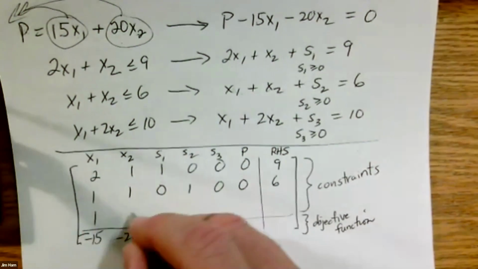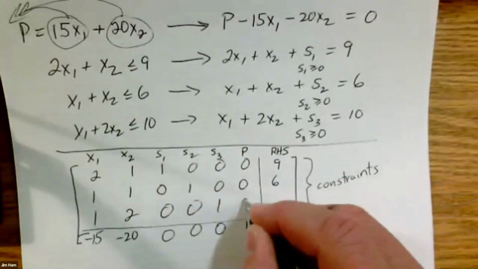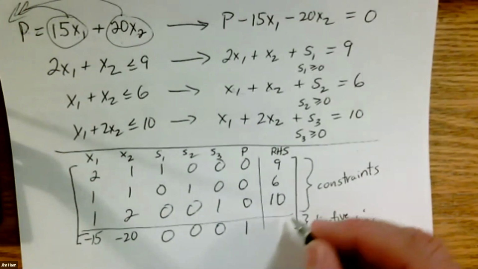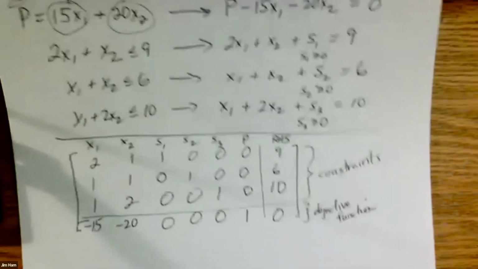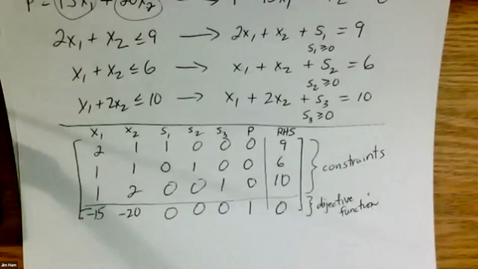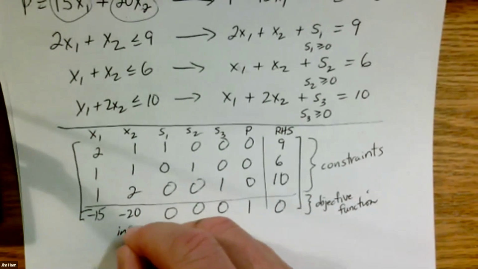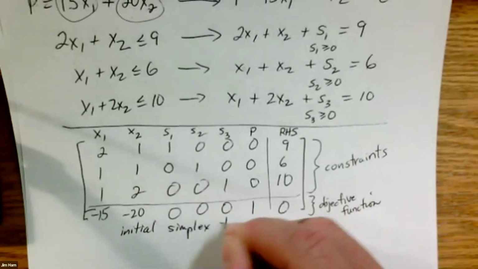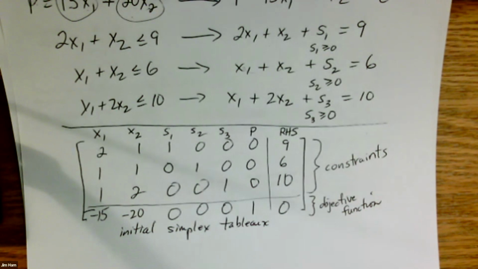And the last one is 1, 2, 0, 0, 1, 0, 10. Over here, I forgot to add the 0. So this is called the initial simplex tableau. This is the matrix that we feed the calculator. So I'm going to do that next.